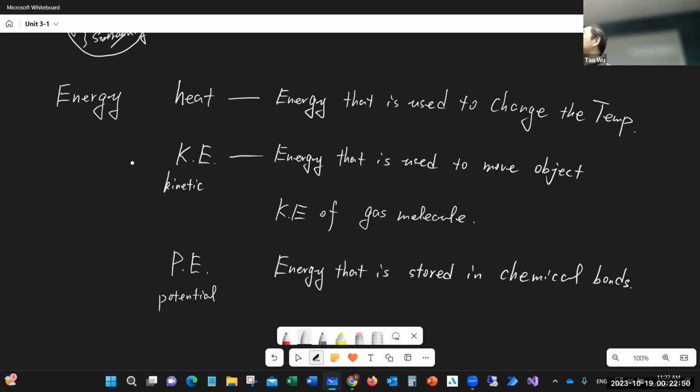Some of the chemical bonds will be broken, and when they break, they start to release a lot of heat. That heat will be converted to other forms of energy, which is why your car can move. So the energy stored in the chemical bond is the potential energy that we're talking about.